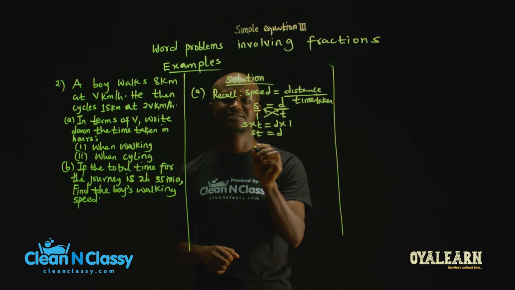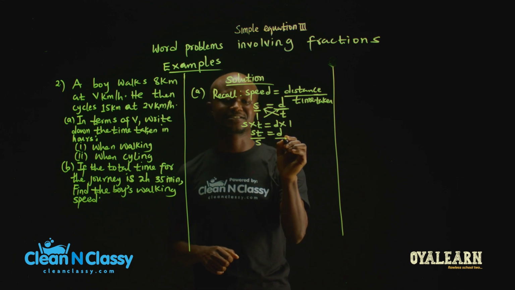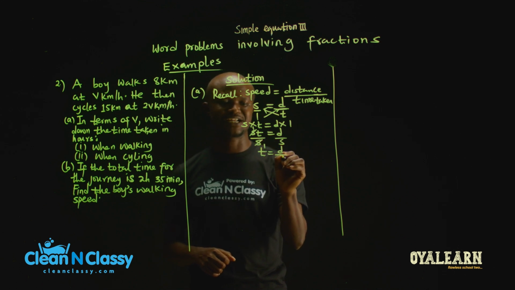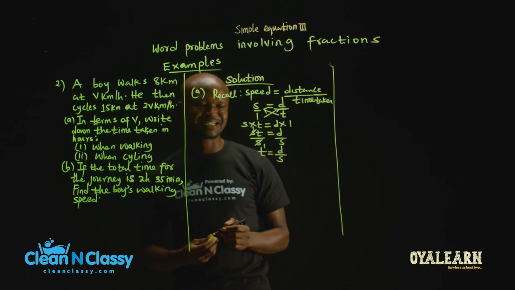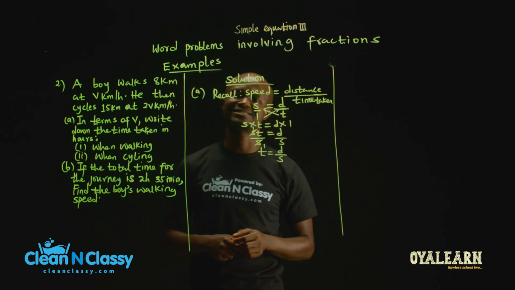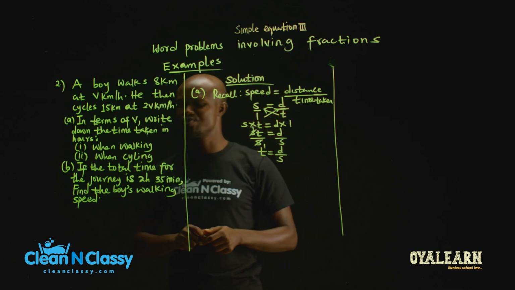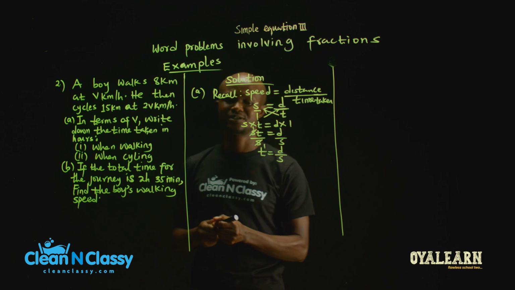It is S. So we divide both sides by S. S over S is 1. So T equals D divided by S. We should know that time equals distance divided by speed. Now, we are going to use this in solving this problem.